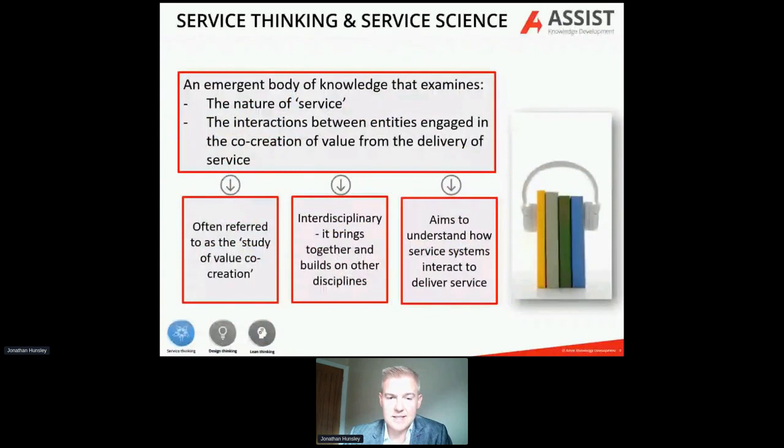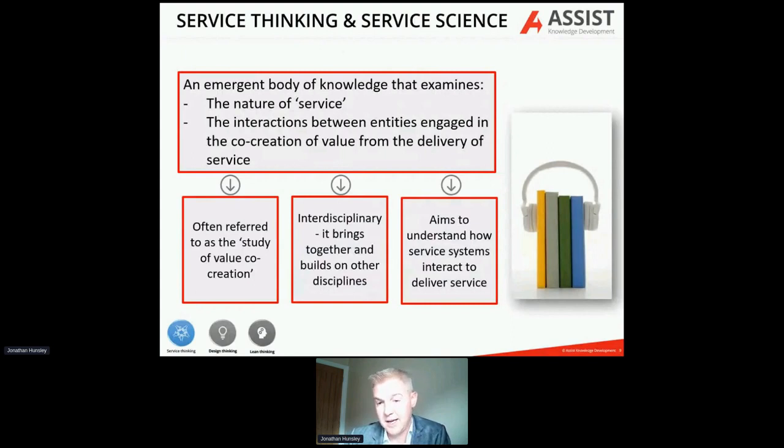Service thinking is based on an academic discipline called service science, engineering, and management. It's interdisciplinary, and it looks at how service ecosystems interact with each other in order to co-create value.